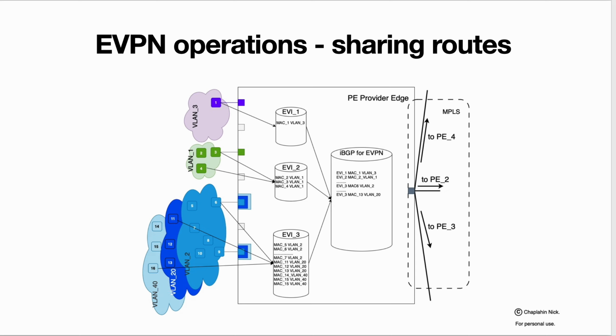But the specifications also highlight that any transportation or tunneling methodology can be used: VxLAN, IP, GRE, MPLS, whatever you're using in your company, whatever is the historical legacy of your company, and so on and so forth. It doesn't matter.